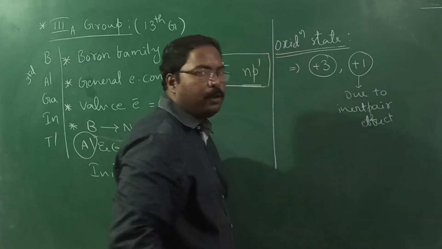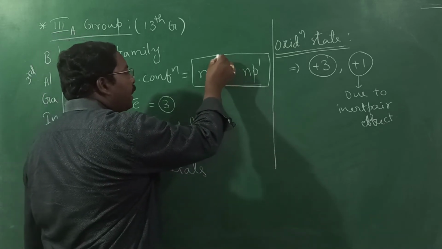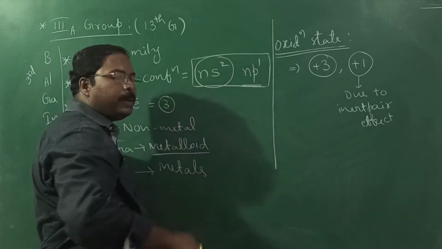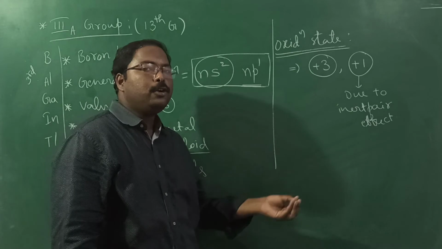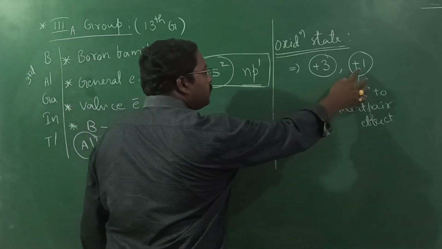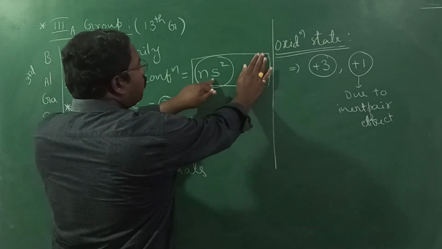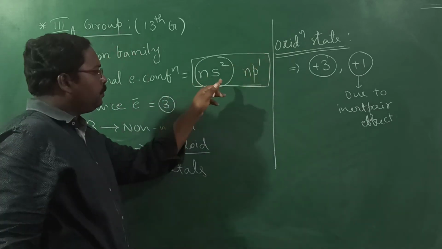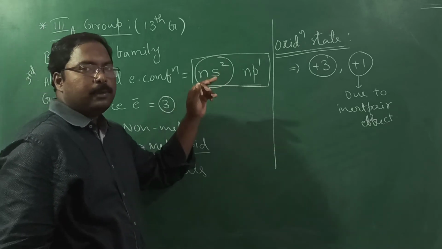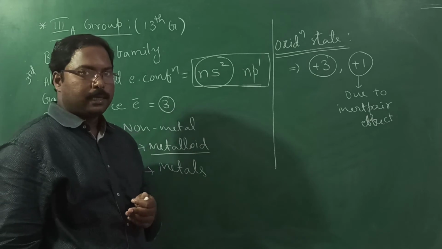Briefly, I will tell you what the inert pair effect is. Inert pair effect means the pair of electrons present in the s orbital is reluctant to participate in bonding. For example, if the element loses this 1 electron, it is left with 2 electrons, completely filled. We call this a doublet configuration.